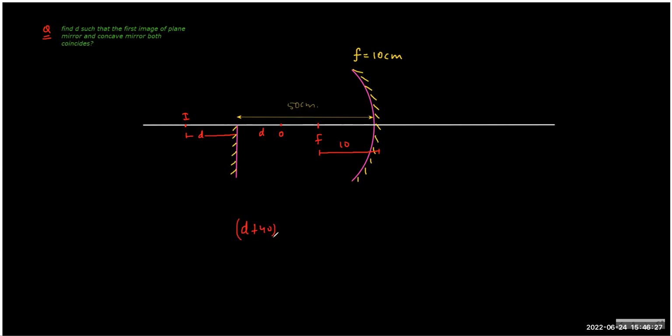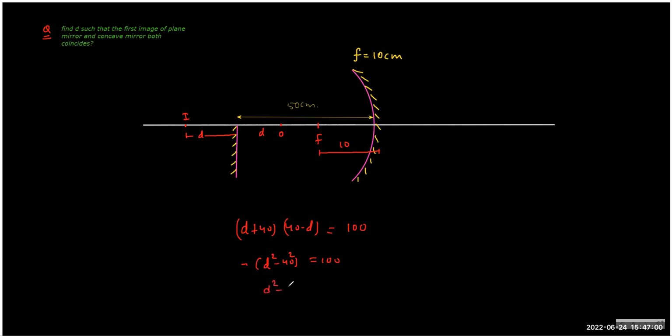And what is the distance of the object from the focal point? 40 minus D. And this product must be equal to 100. It's just a quadratic. I think this is 40 square minus D square, right? A plus b into a minus b. And this equals 100.